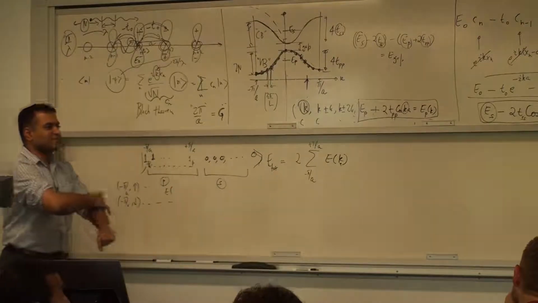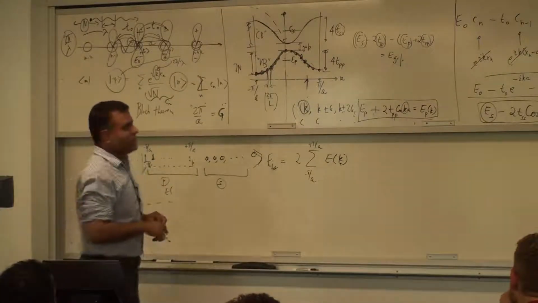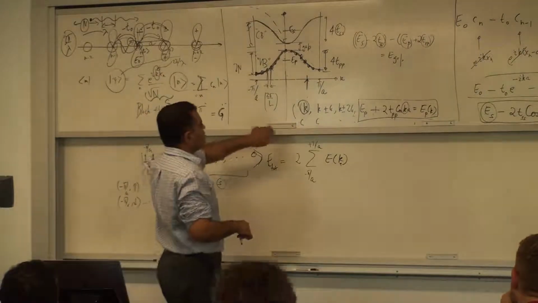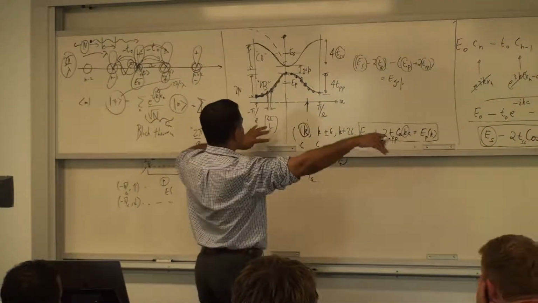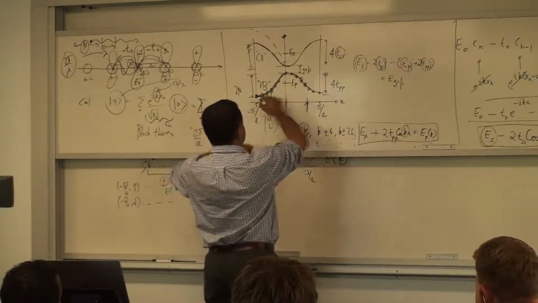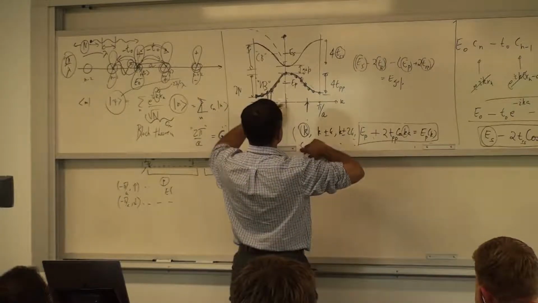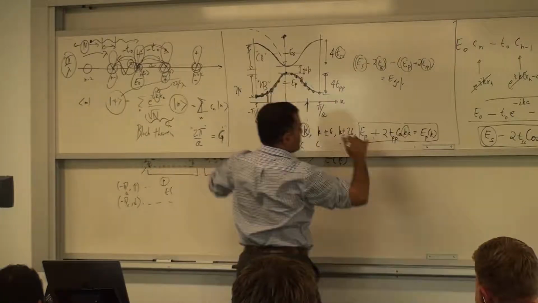Are we going to include the valley degeneracy as well? Very good point. In a typical semiconductor, you may have more than one valley. What does that mean? It means that at some other point in K space, you may have, for example, graphene.